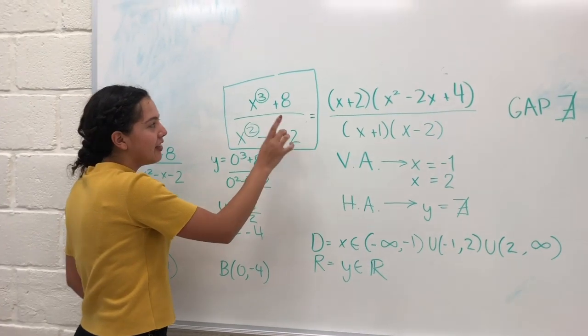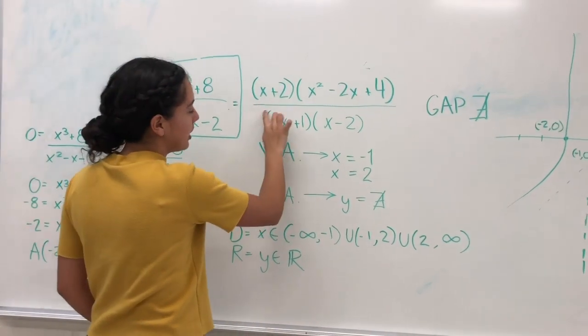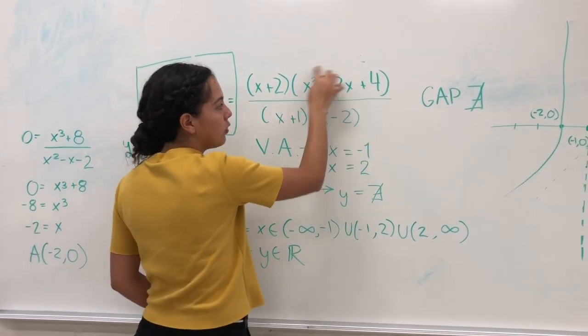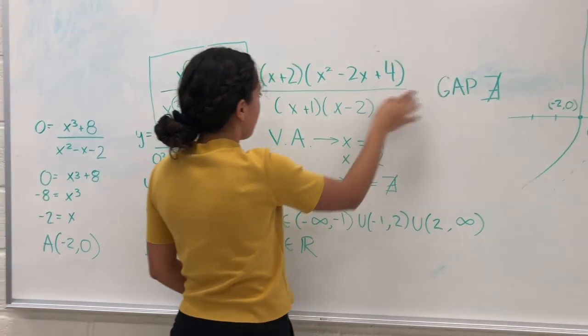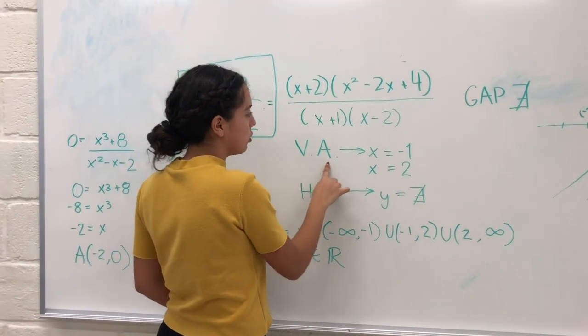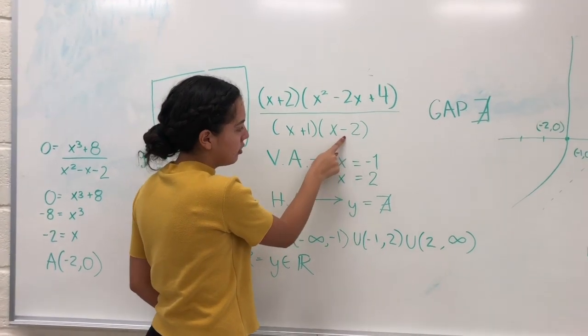Now that we have this original equation, we factorize it into this one. But since we cannot factorize any more at this point, we know we don't have a gap. For vertical asymptotes, we have 2: they are -1 and 2.